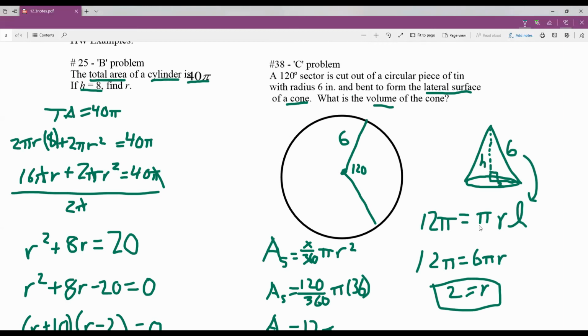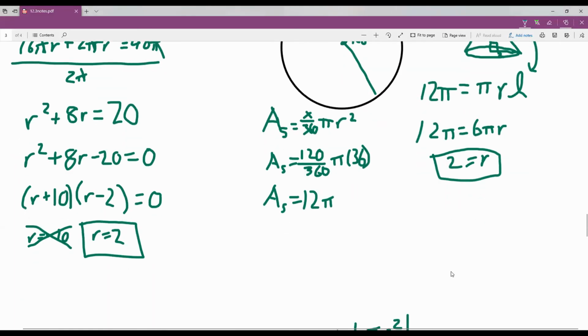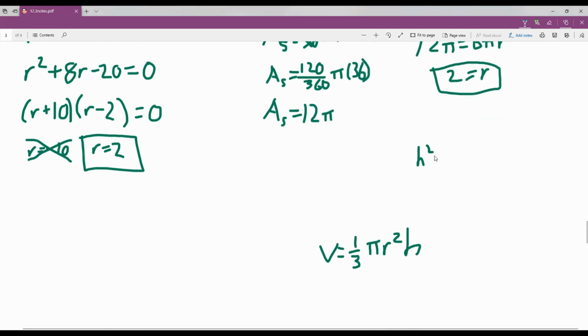Yeah, we use the Pythagorean theorem. So let's do it out. So h squared plus 2 squared is going to be equal to 6 squared. So h squared is equal to 36 minus 4. It's going to be 32.